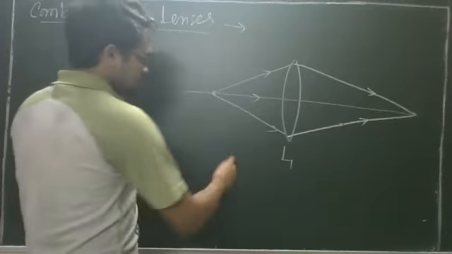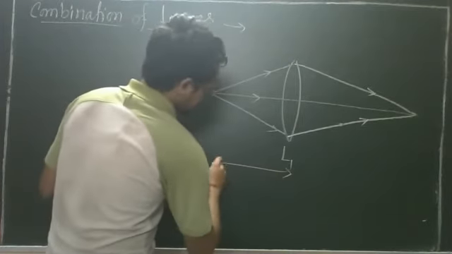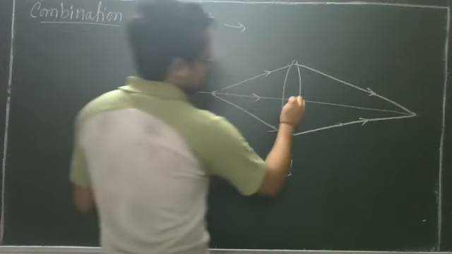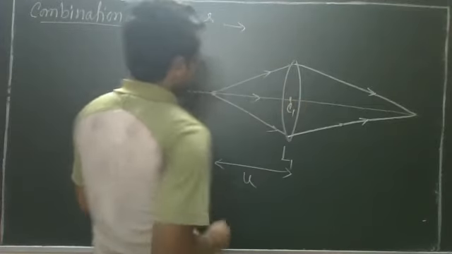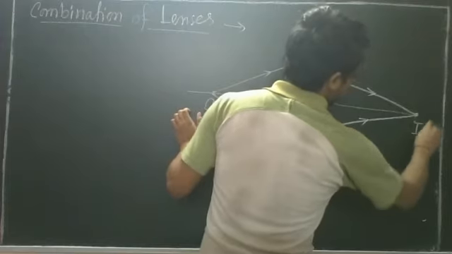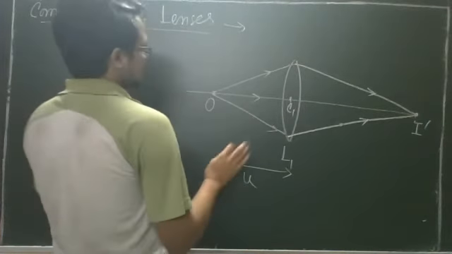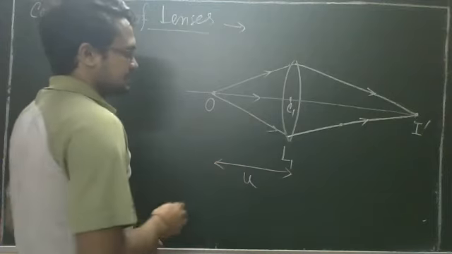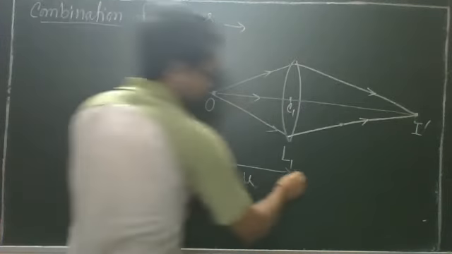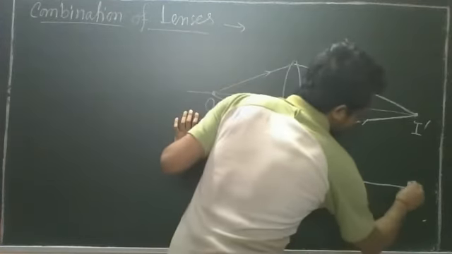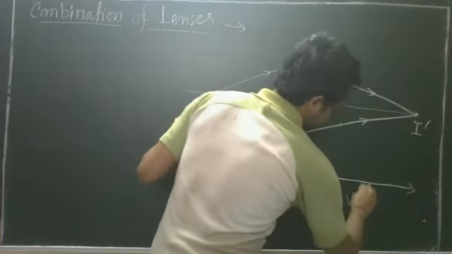If this is object distance u, take this as C1, the center of curvature, this is the object, this is I prime, and this is u on the left side. Here in this derivation we will not put positive or negative signs, we will just use the formula. And this is image distance v prime.